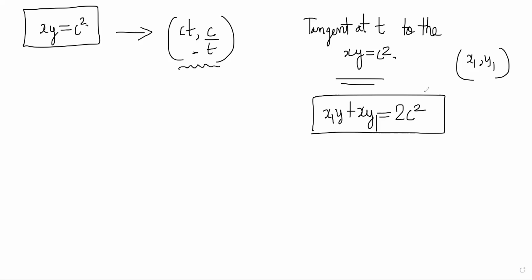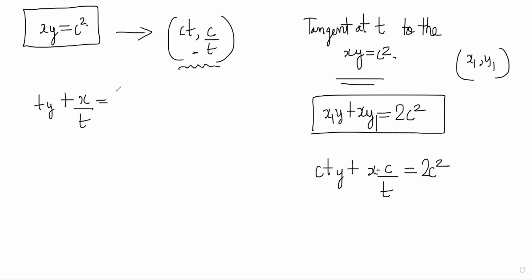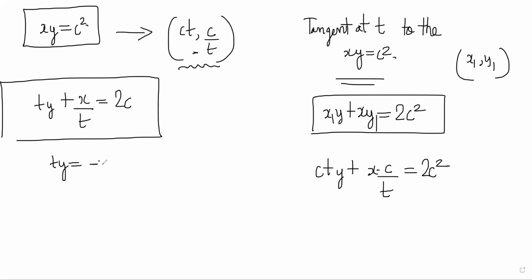If we use parametric points for that, we'll get cty plus x into c by t is equal to 2c square. So you get ty plus x by t is equal to 2c. This is your equation of the tangent. You don't need to remember it; you can just derive it like this whenever needed. The slope of the tangent becomes minus 1 by t square.